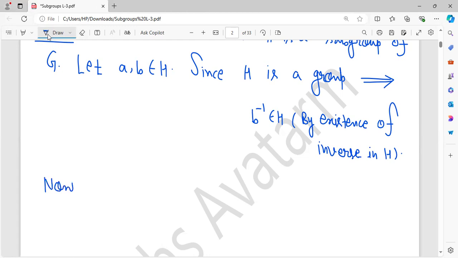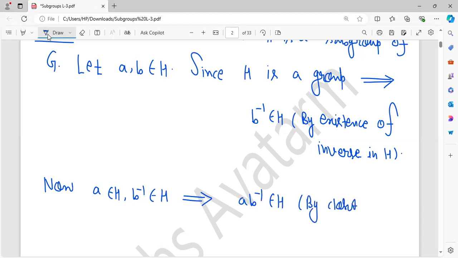Now A belongs to H, B inverse belongs to H. So this implies AB inverse belongs to H by closure property in H. So what we have?